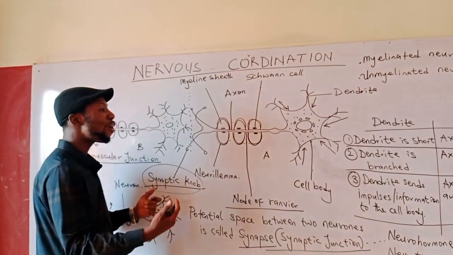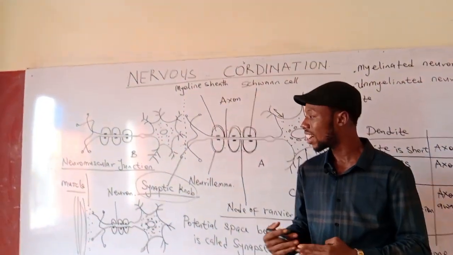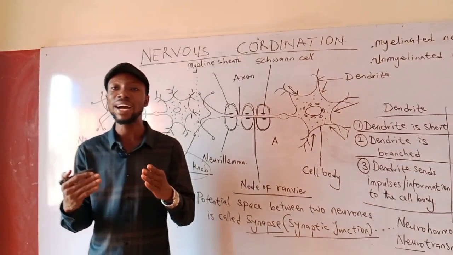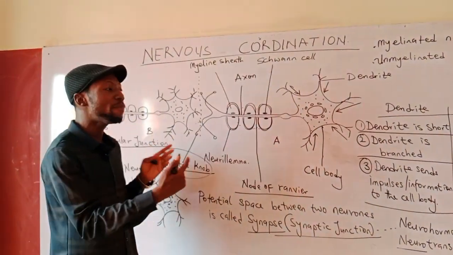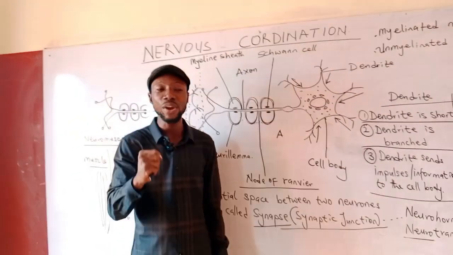Okay, this is all about the neuron, how neurons transmit impulses around the body. Okay, so next I want you to always have in mind that these neurons transmit impulses using two important electrolytes or ions.